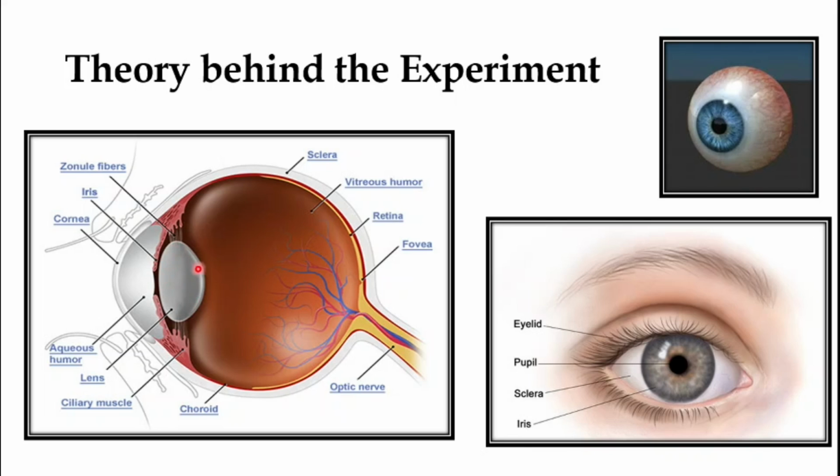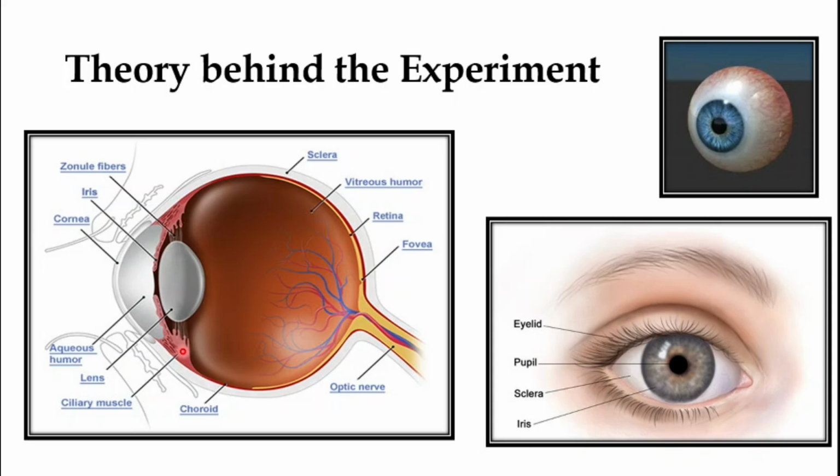And this is the lens of the eye, and you can see that the lens is held in this position with the help of the ciliary body. The ciliary body, by special strings, is holding this lens in position inside the eye, and these strings are known as the zonule fibers, or we can also call them the suspensory ligaments.